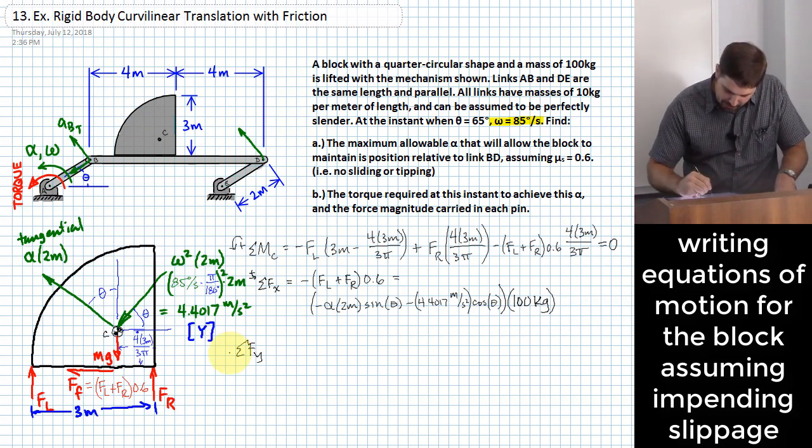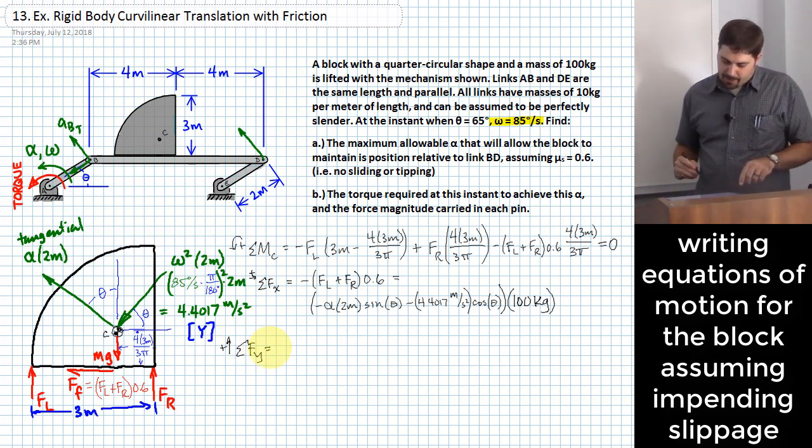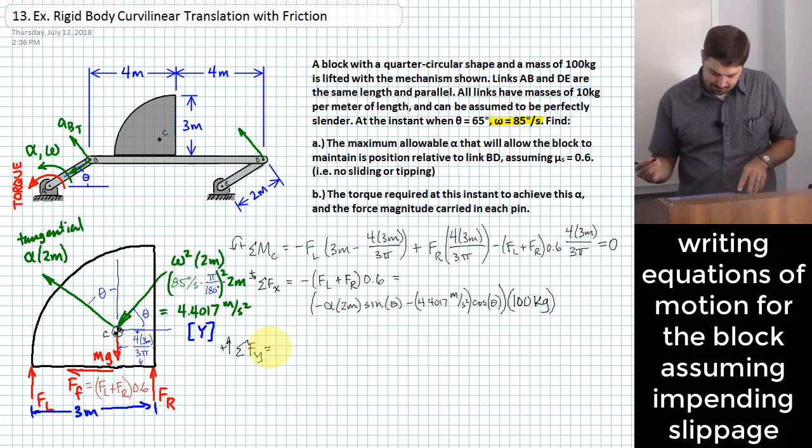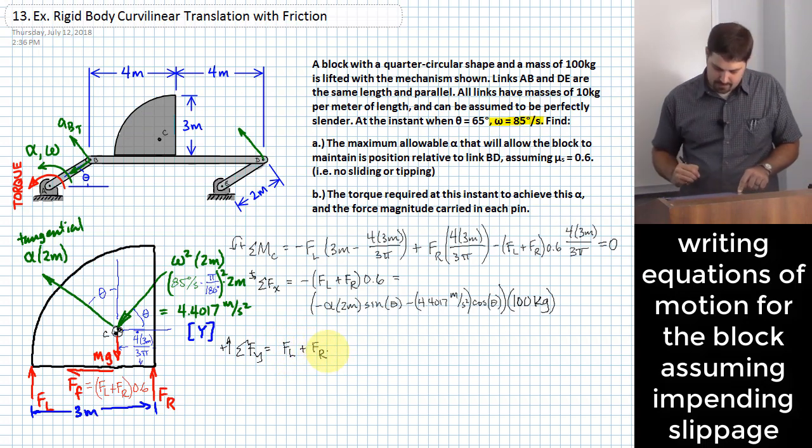Okay, in the y direction. Take upward to be positive here. What do I have for my forces in the y direction? Looks like I have FL, FR, all right, what else?